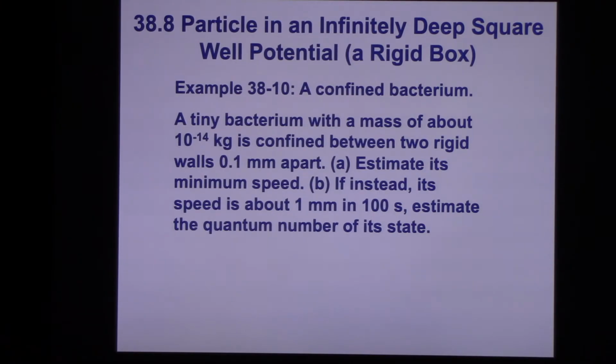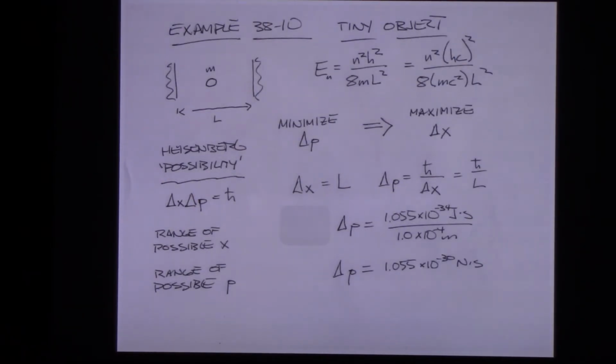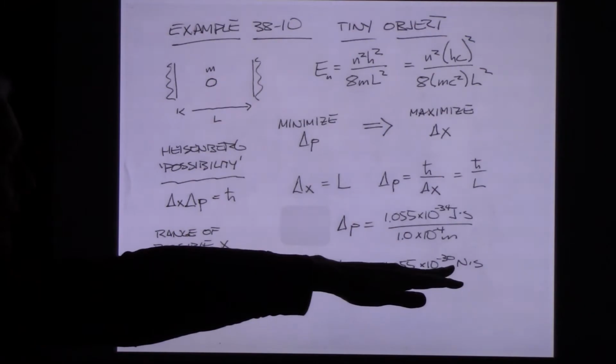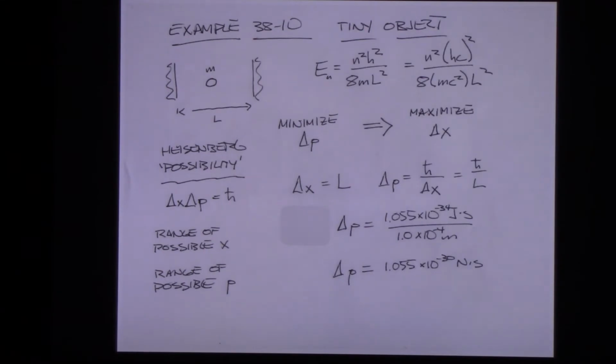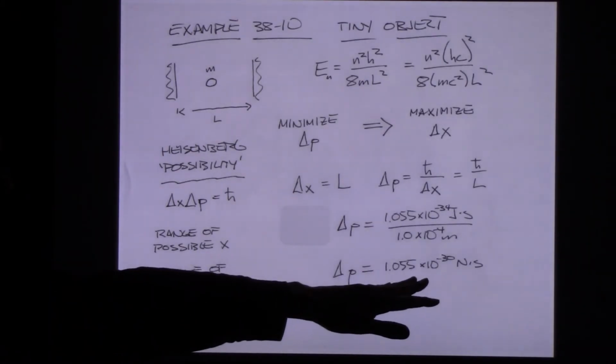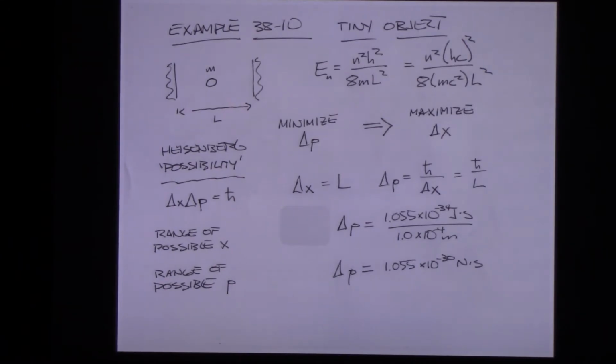But anyway, what it said was the mass is 10 to the minus 14. So if the mass is 10 to the minus 14, and this is the momentum, the velocity is going to be like 10 to the minus 16. It's going to be tiny. Even if quantum mechanics applies in this situation, and I'm not sure if it does, the range of the minimum velocity could be so small that it could essentially be considered to be at rest.